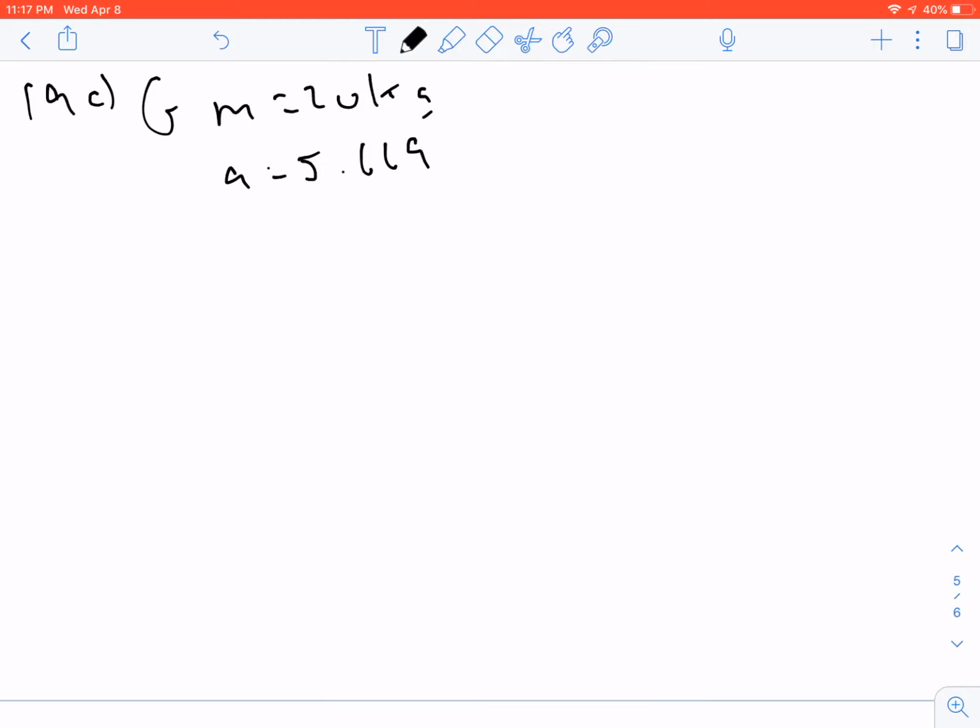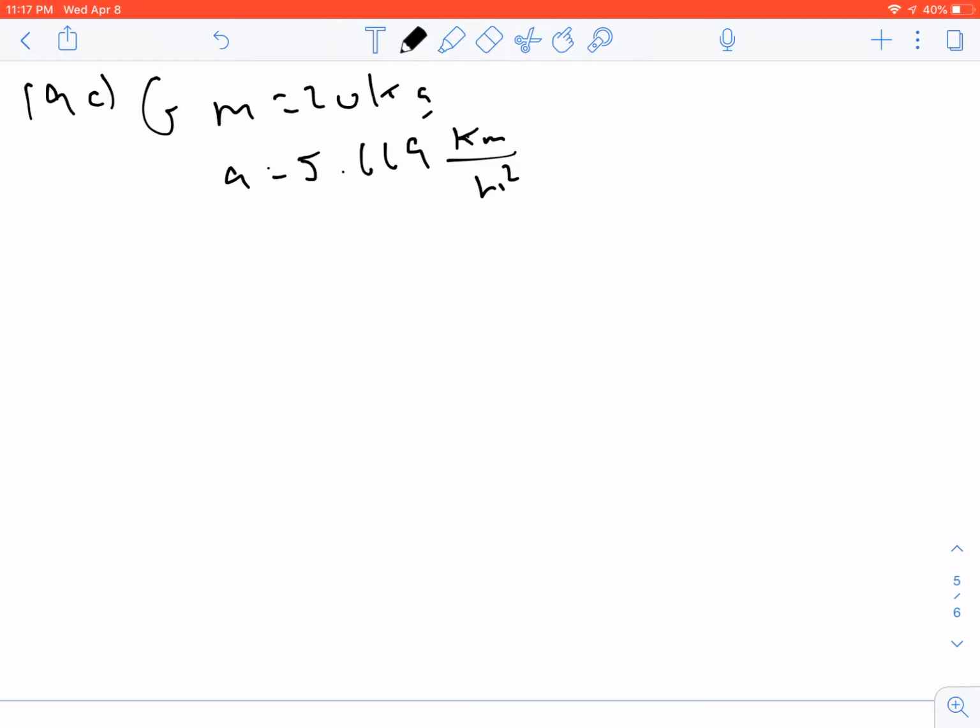Okay, so for 19c, calculate F net if we have a 20 kilogram object. So the given here is the mass of 20 kilograms, having an acceleration of 5.669 kilometers per hour squared. Bizarre units. I've never seen that unit used before, and you probably never will again. They're just trying to make your life difficult as a student in 3U physics.